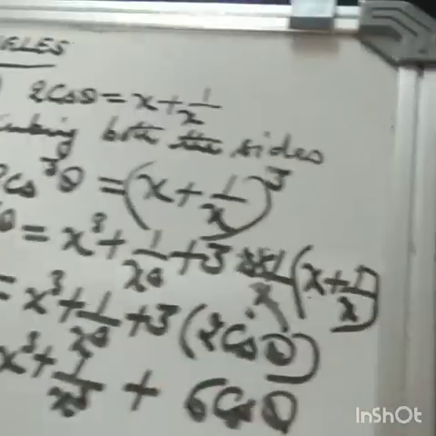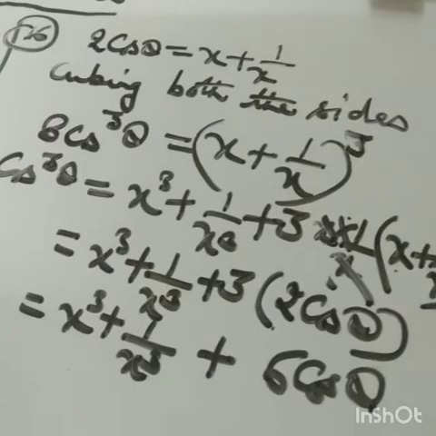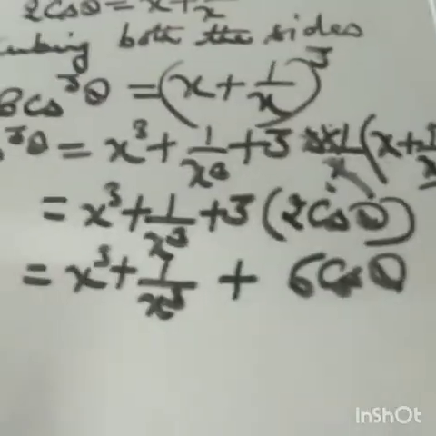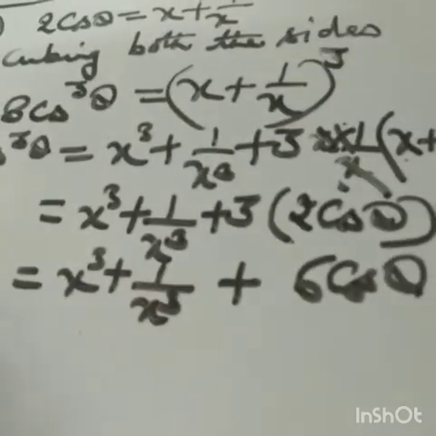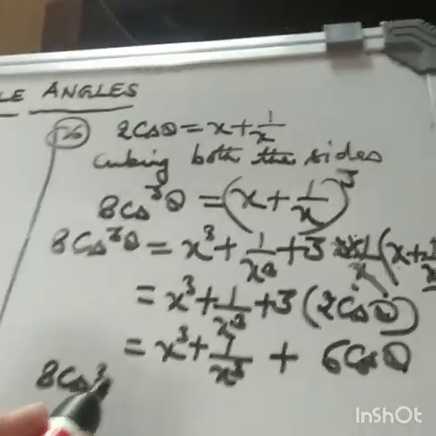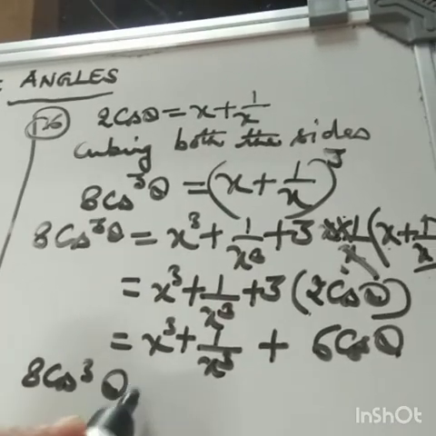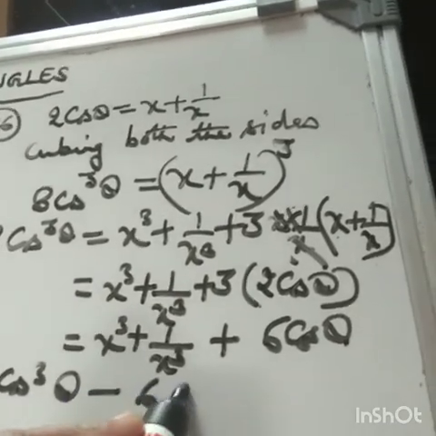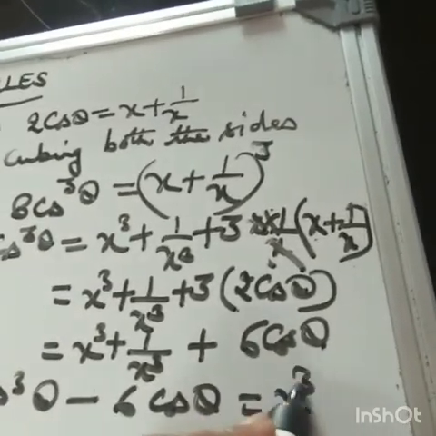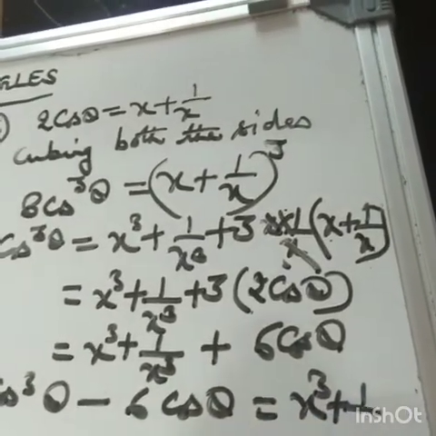Now transfer this to this side, so it will be 8 cos cube theta minus 6 cos theta is equal to x cube plus 1 by x cube.